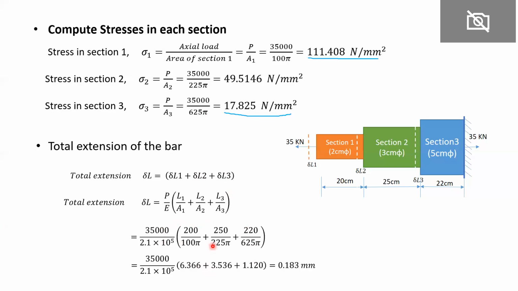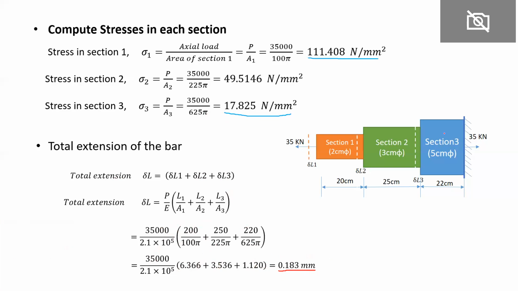Substituting and simplifying, you will get 0.183 mm. This is the amount of deformation which occurred in the member.